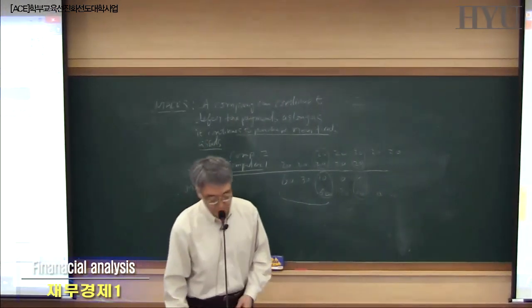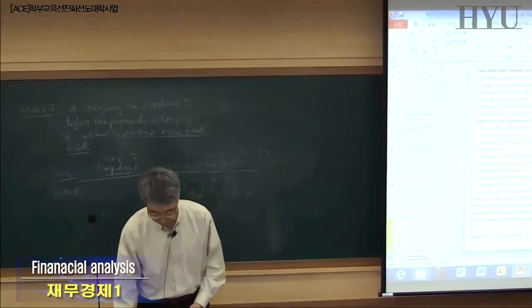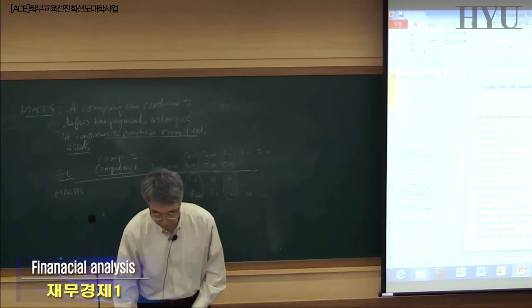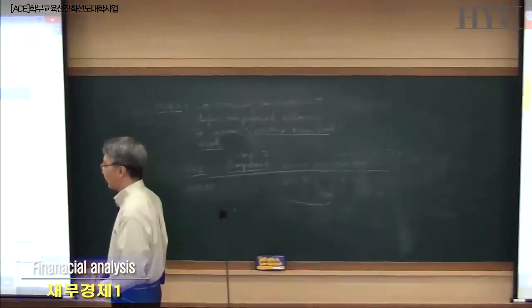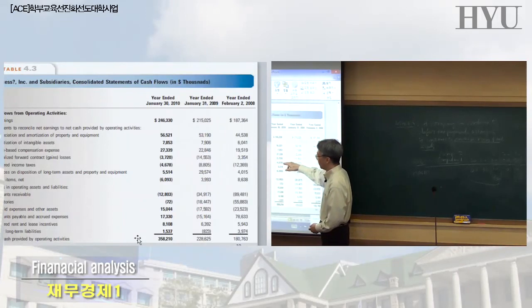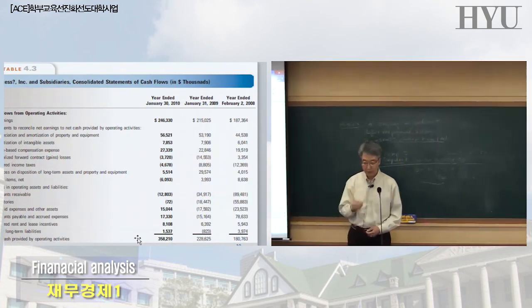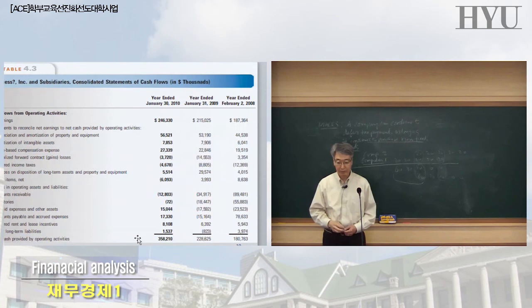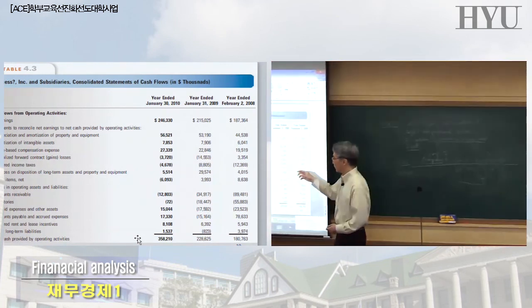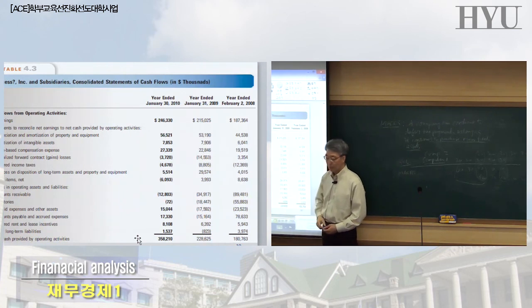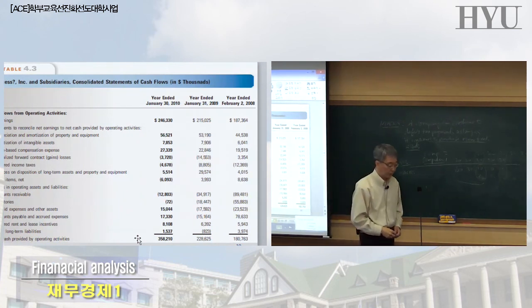So my guess is that's what happened here. This year, for this gas company's deferred income taxes, the actual cash payment was larger than the deduction on the income statement, so they ended up subtracting that amount from the income statement in order to arrive at the actual cash flow.